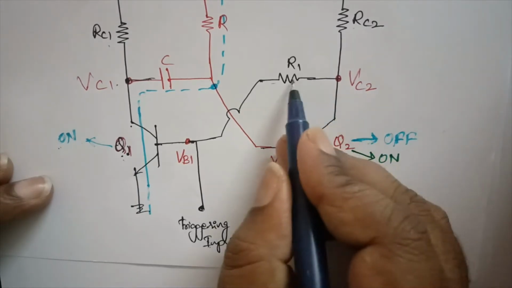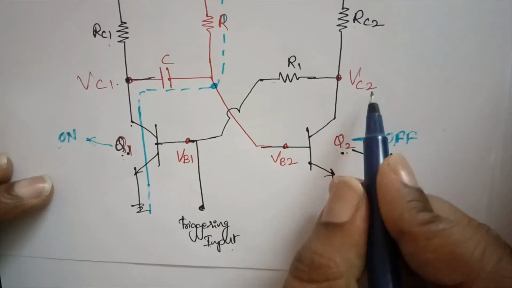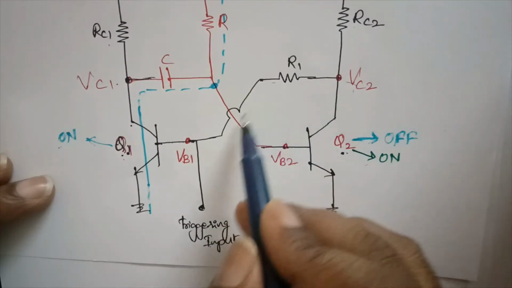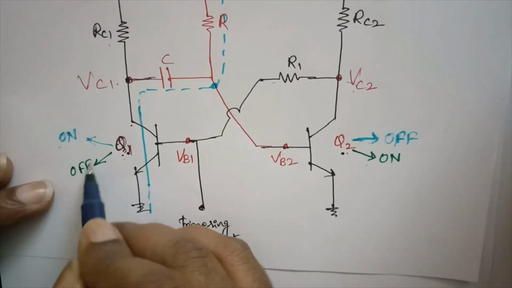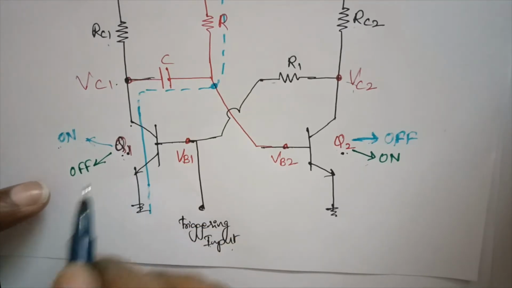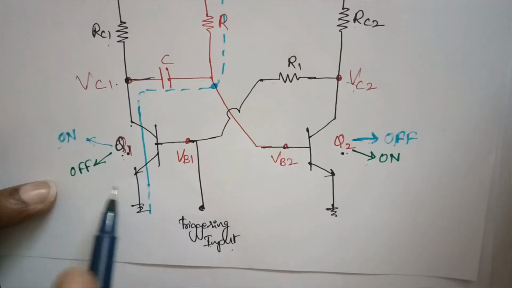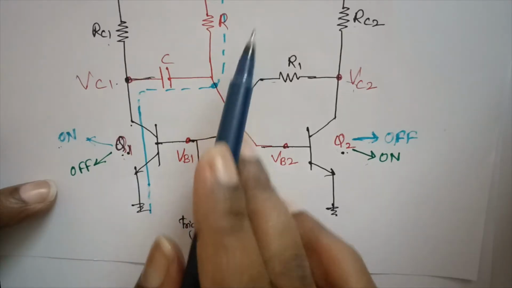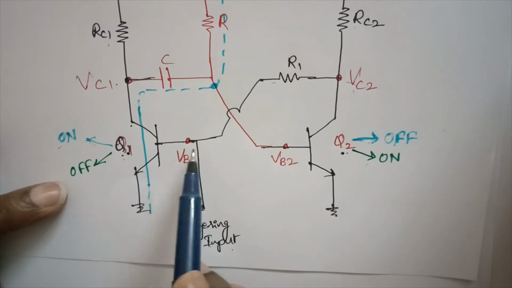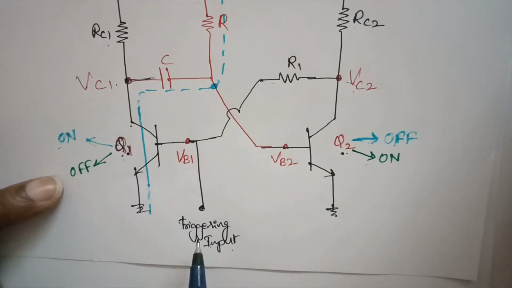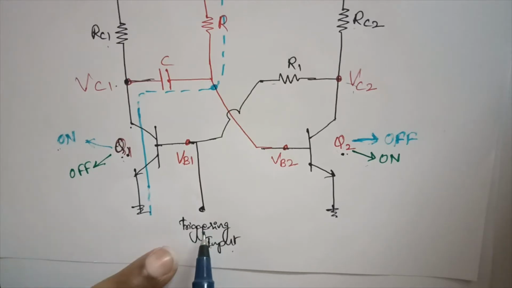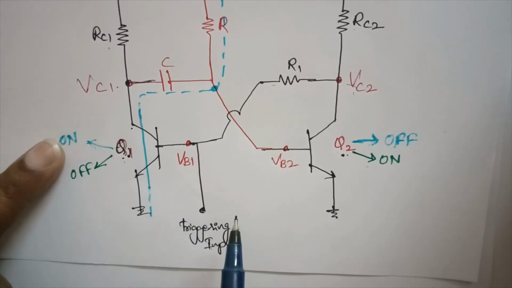When it is switched on, VC2 becomes 0.2 volts. Then Q1 becomes off. Q1 remains off because there is no charging path for VB1. It is off until we apply the triggering pulse. Once we apply the triggering pulse, it becomes on.